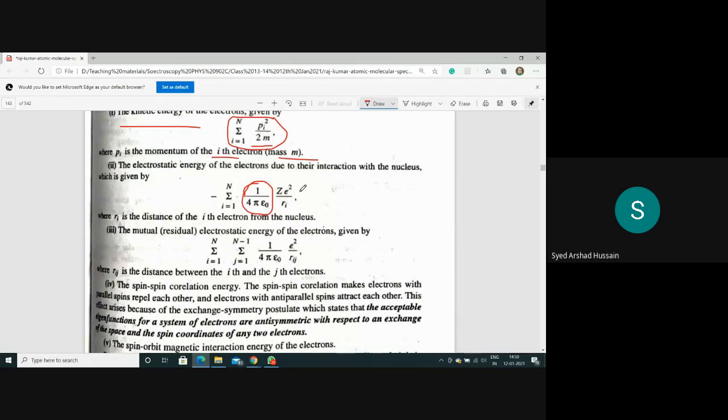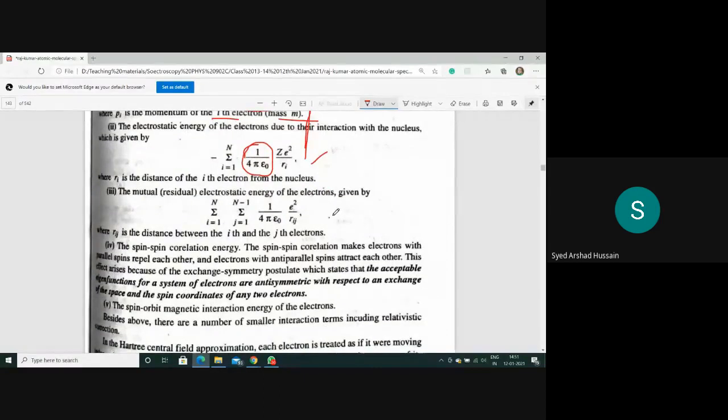This is more or less, in the earlier case also, it is zero, but in that case there is only one electron, so there is no requirement of addition. So this is total potential energy, total kinetic energy. Now this term is extra because you have more than one electron.